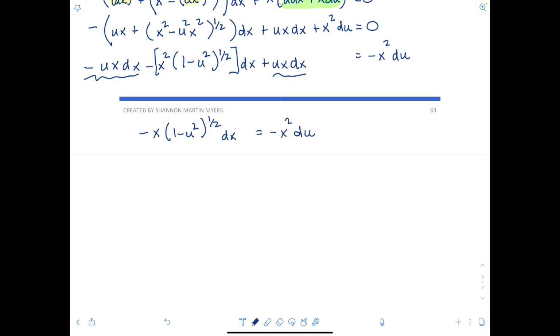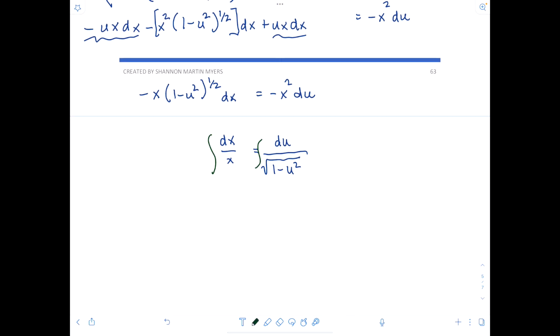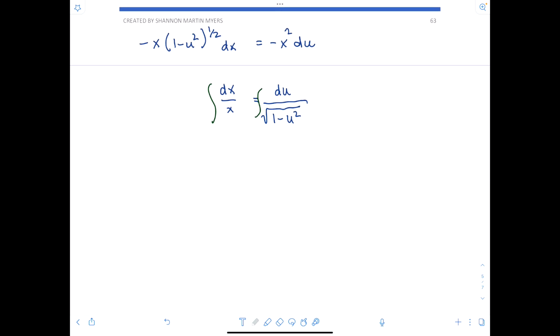The negatives go away, and when I divide by x squared and isolate dx over x, I will have du over, now maybe you'll recognize this better if I put it in terms of the square root. When we go to integrate, we have this set up, so hopefully you'll recognize that we'll get the arc sine or inverse sine function, depending on how you like to write it.